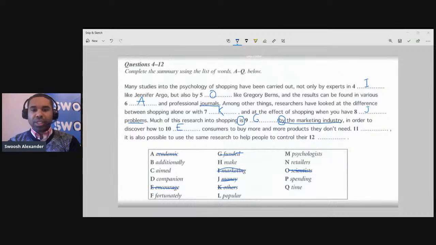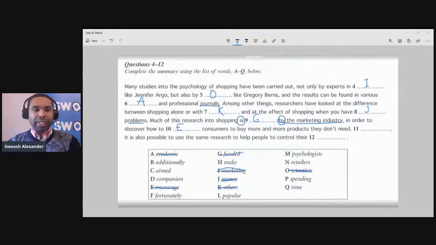That is correct. And going on to number 11. In order to discover how to encourage consumers to buy more and more products they don't need. So what do we have here? Let's see what you've gone for. Ash Jinichi, again, you've gone for B for number 11.